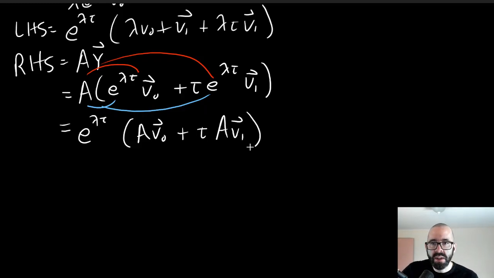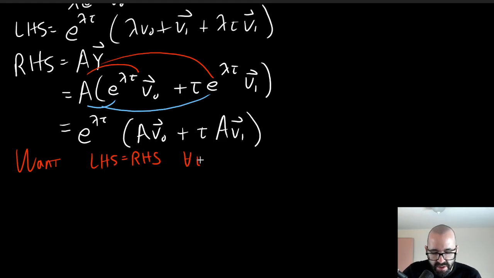Okay. So I need these to be equal. When are they going to be equal? Well, e to the lambda t is always going to equal e to the lambda t. This is never 0 either, so we never get any weird funny business. This needs to be true for all t. We want the left-hand side to equal the right-hand side always, for all t.